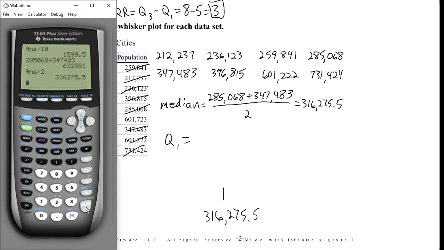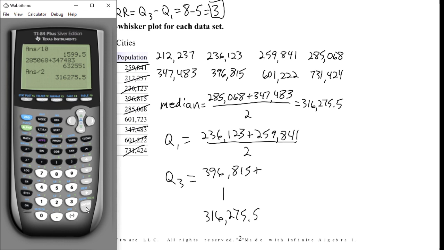So it's going to be the 236,123 plus the 259,841. Divide that by 2. And I'm going to set up this Q3 as well at the same time. That's going to be the 396,815 plus 601,222. Divide all that by 2. And so let's see what we get when we do that math.